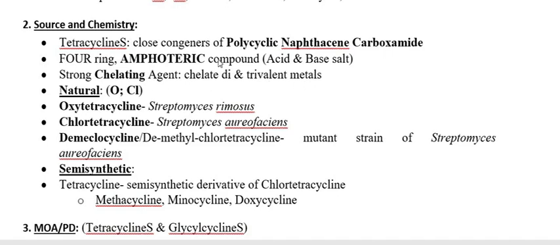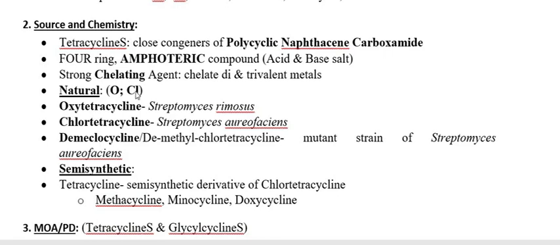So now we have to classify the tetracyclines based upon the source. They are divided into two types, the natural source and the semi-synthetic source. The natural tetracyclines are only three types: oxytetracycline, chlortetracycline, and demeclocycline.